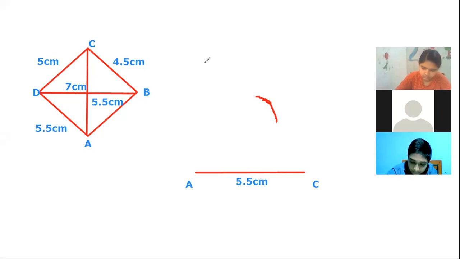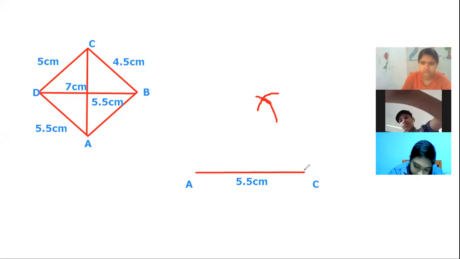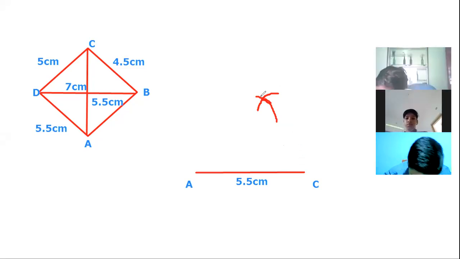After taking 5 centimeter, you have to place your compass at C and make an arc like this.